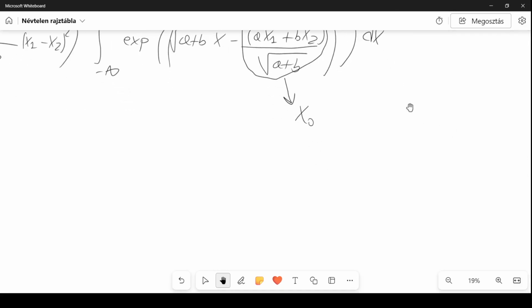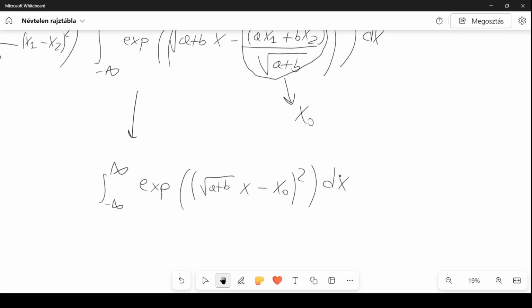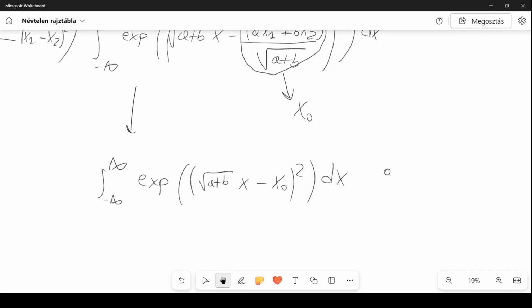So let's rewrite it in the following fashion: integral from minus infinity to plus infinity of the exponential of, so here we have A plus B times x, or if you want, we can also factor it out of the square, but let's leave it here. So square root of A plus B times (x minus x0) squared. So I have rewritten the expression in this fashion.